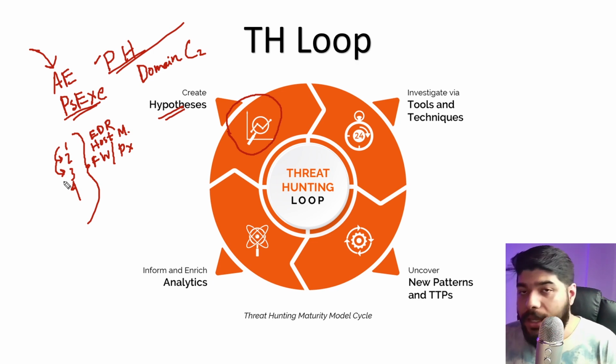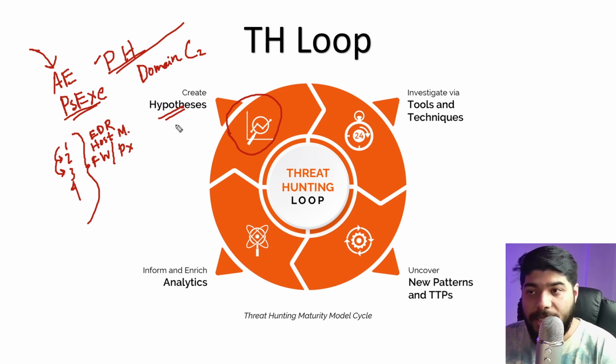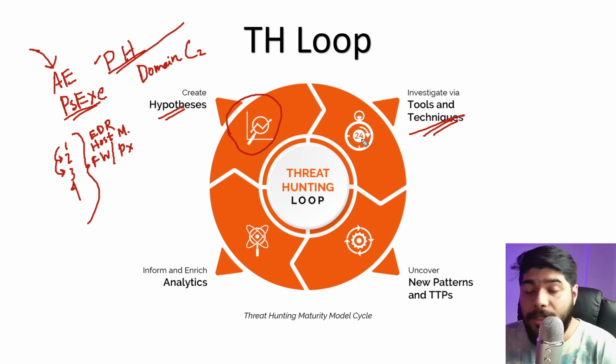That means it is not 100% sure that you will definitely identify something, but there is a chance that you will. So you have created your hypothesis and your documentation on which you are going to hunt. Next is to investigate via tools and techniques. That's the major thing, guys, I was talking about, where you choose your data sources. What are the specific tools that you have in your organization to do the hunt?